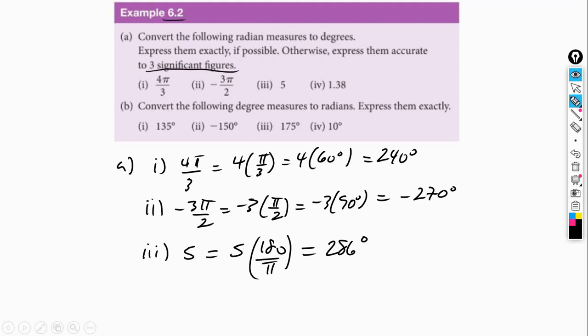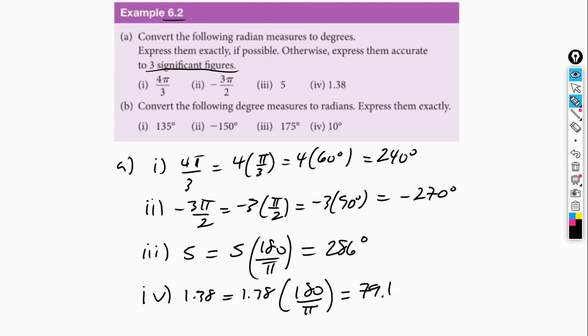And then number 4, 1.38 radians. This would be the same as 1.38 times 180 over pi, and this is equal to 79.1 degrees to 3 significant figures.